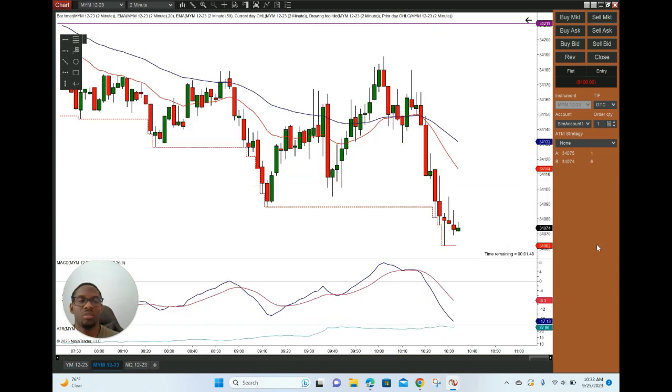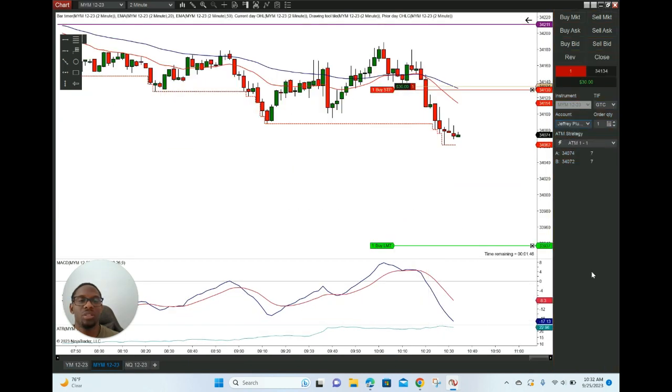So let's see. It didn't make a new low, but we are down on this area. So what I'm gonna do, let's get in profit. Let's get a little deeper into it. If it takes this out, I'm okay.